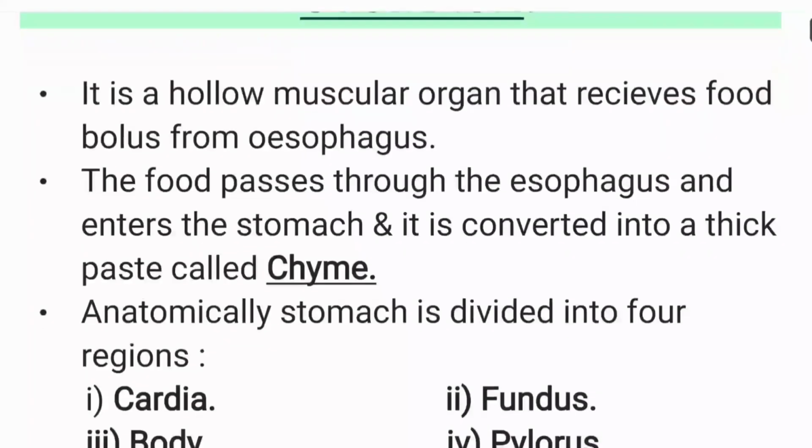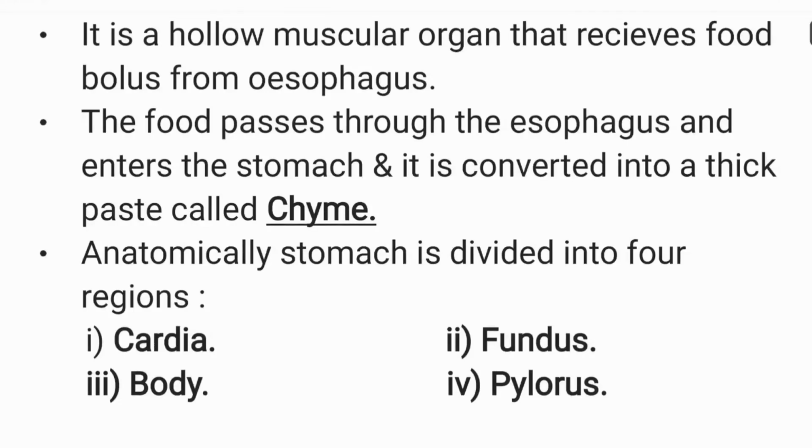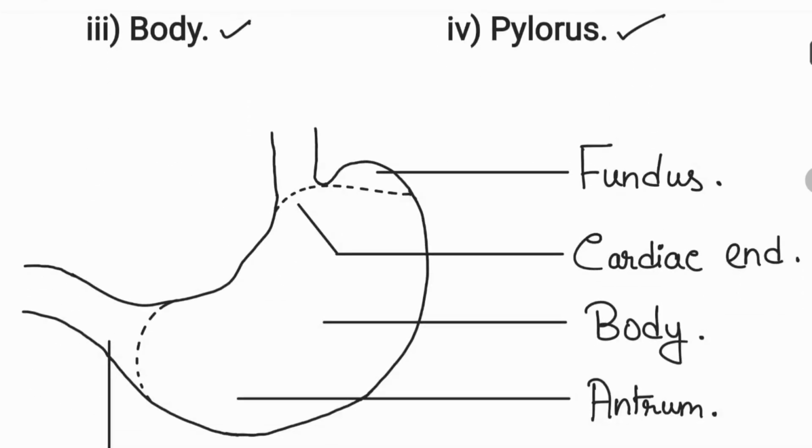So now if we move to the next part, anatomically the stomach is divided into four regions. They are number 1 the cardia, number 2 the fundus, number 3 the body region, and number 4 the pylorus region. So we'll see this in the diagram. Here the esophagus is coming and ending, and this region is the cardiac end.